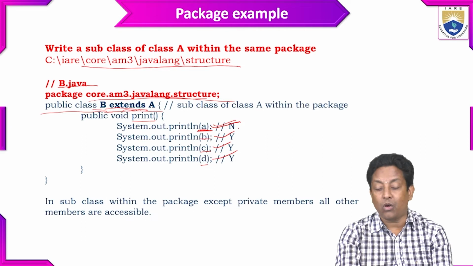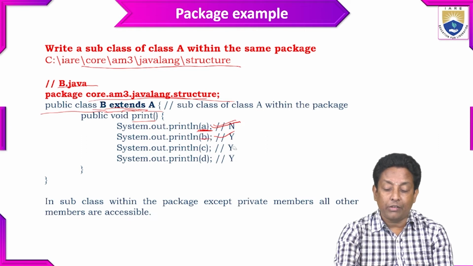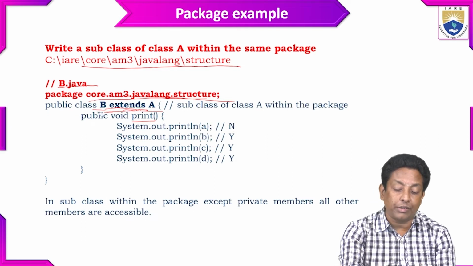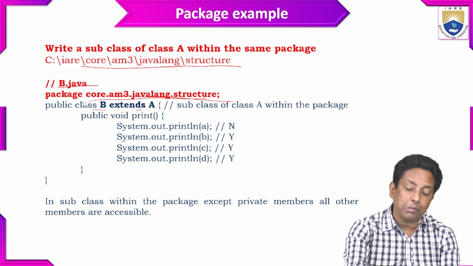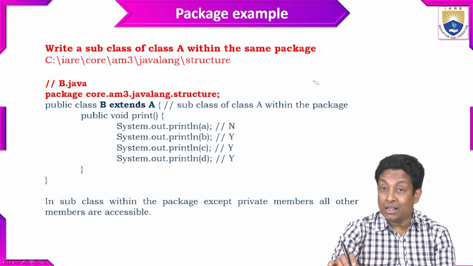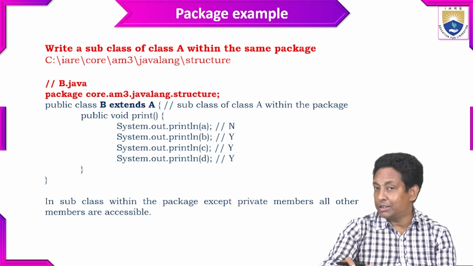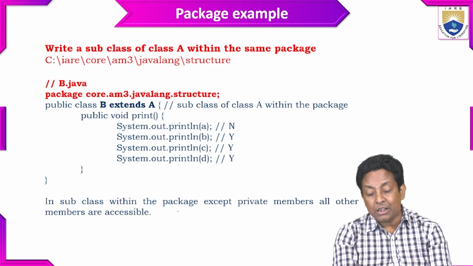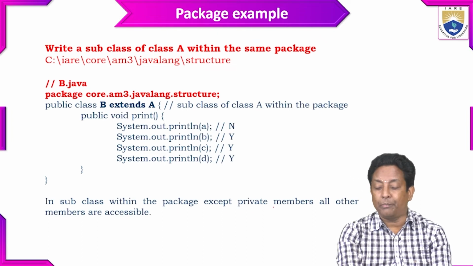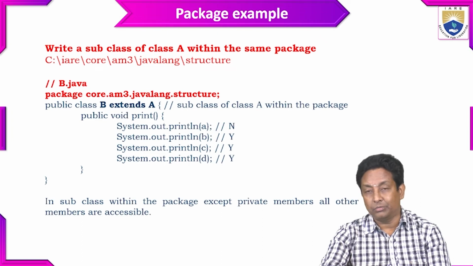B, C, D are accessible. Private variables are restricted to be accessed only within the class. Default, protected, and public variables can be accessed in a subclass within the package. In a subclass within the package, except the private member, all other members are accessible.